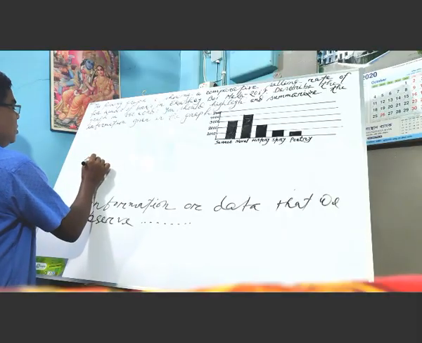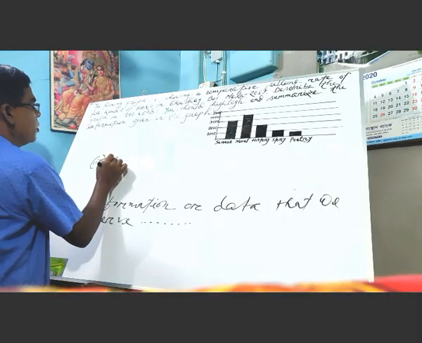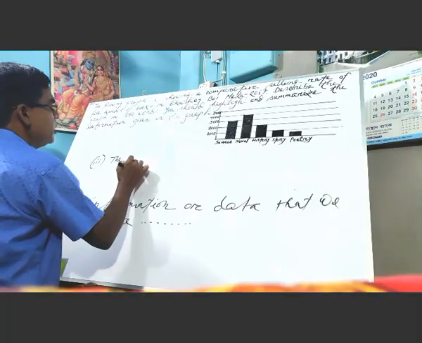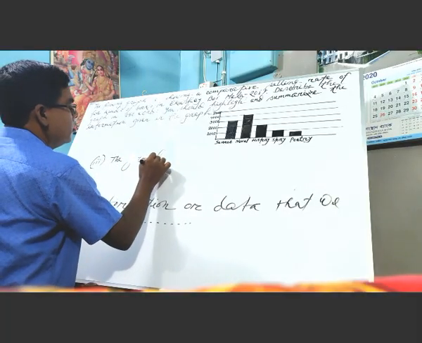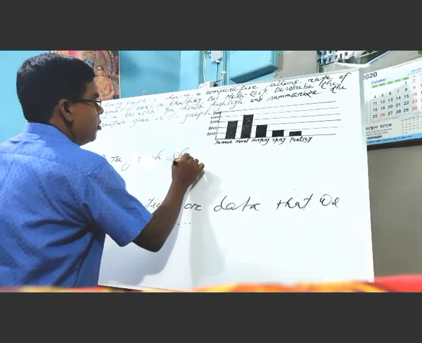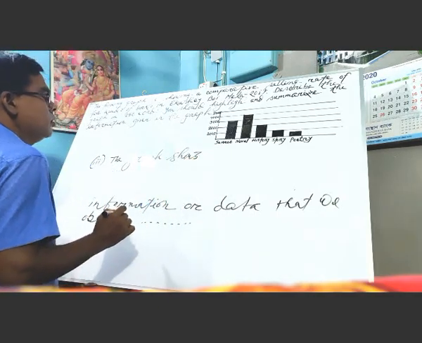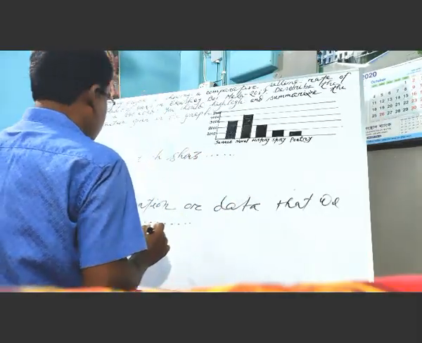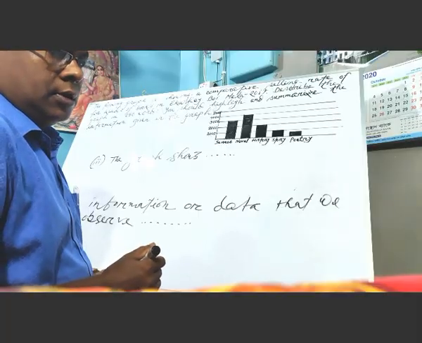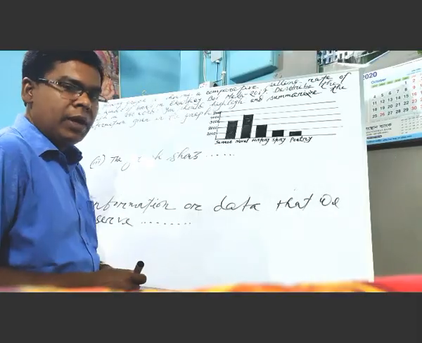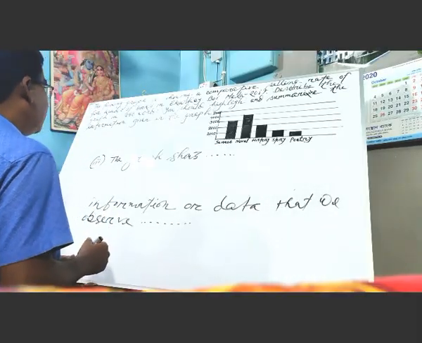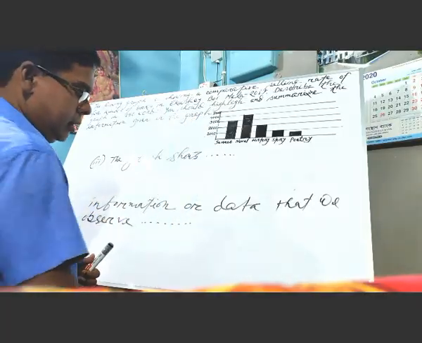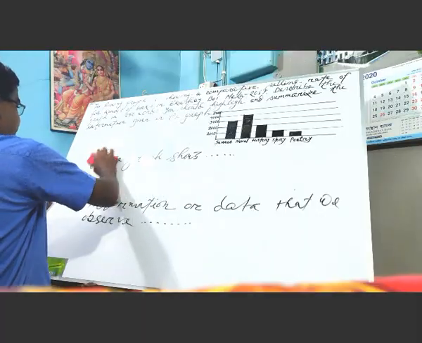Technique number 3: The graph shows. So these are techniques, especially the beginning techniques of writing or describing a graph chart or a pie chart.